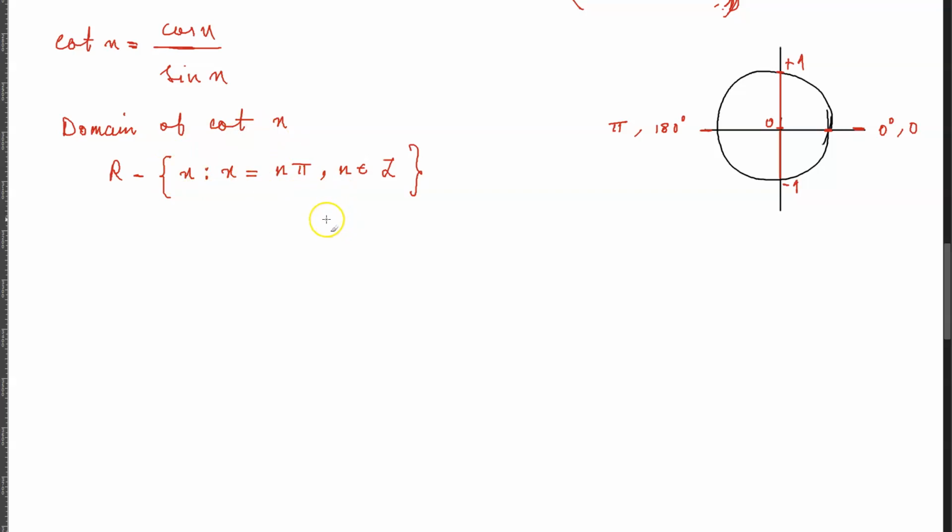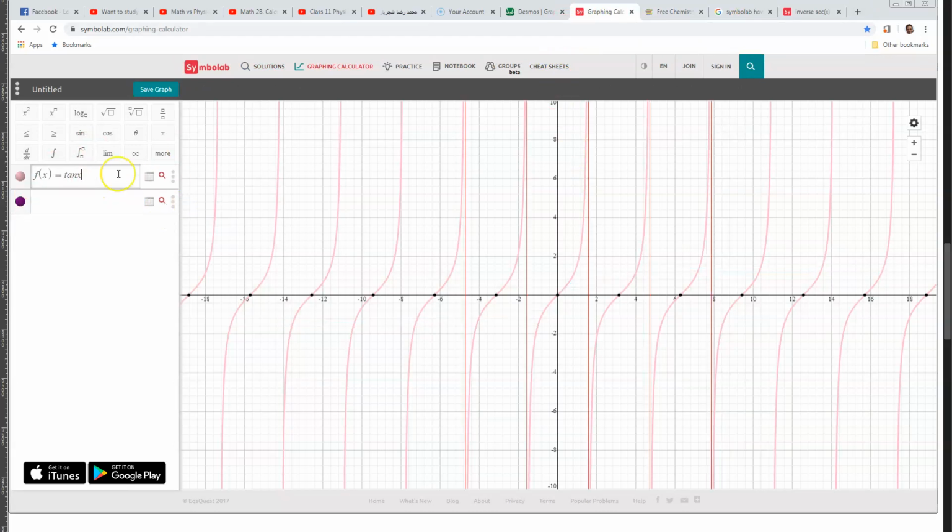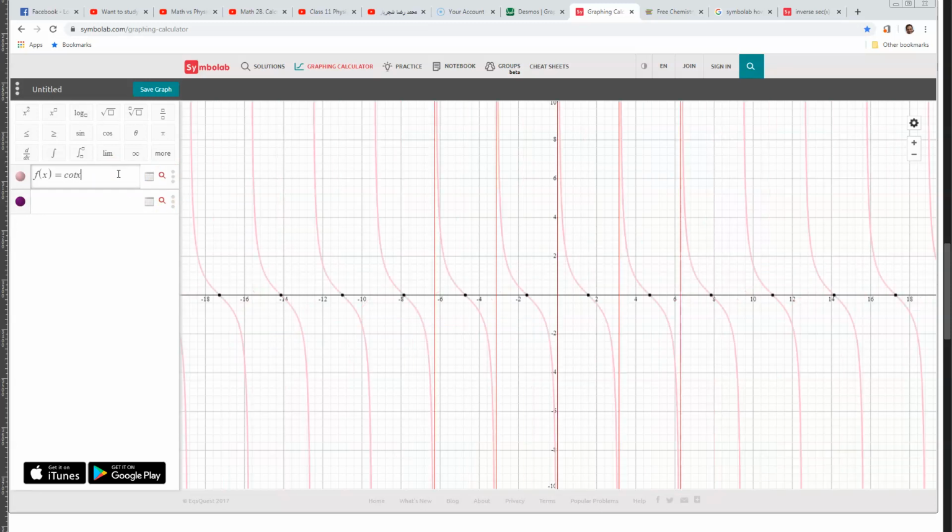Now, the codomain of the cot function is the set of real numbers, or the range of the cot function is equal to the set of real numbers, because if you take a look at the graph of the function, you'll be able to see that the function is going to give you all of these values from negative infinity all the way up to positive infinity along the y-axis.